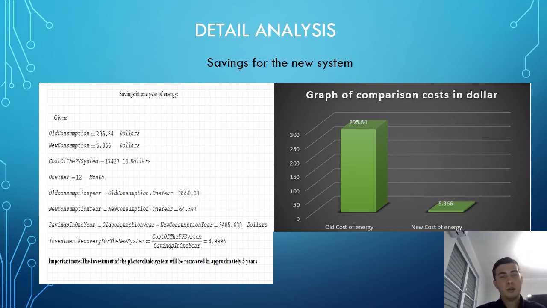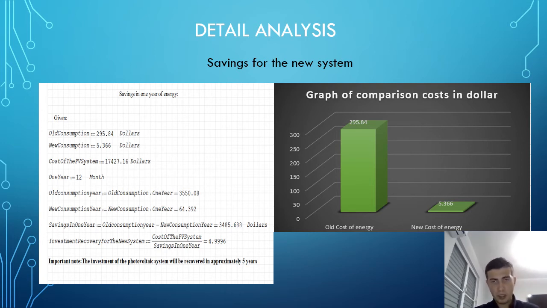And the investment recovery is the cost of the system divided by the savings in 1 year, and the investment of the photovoltaic system will be recovered approximately in 5 years.